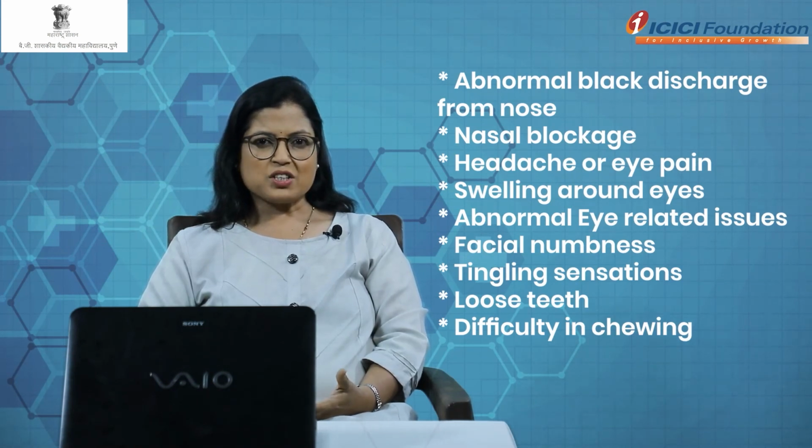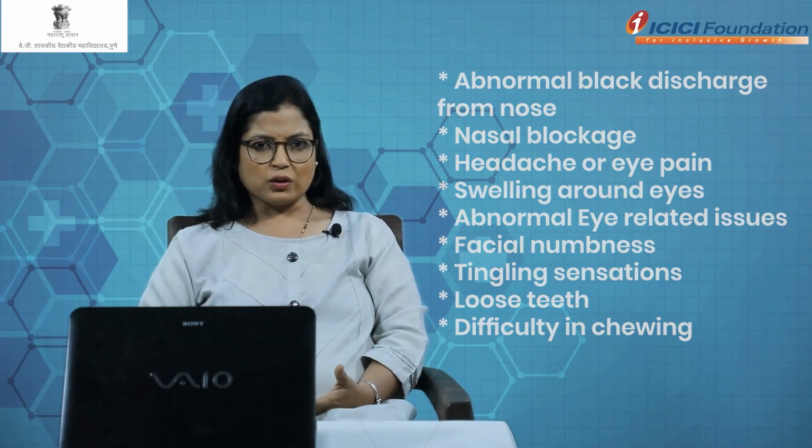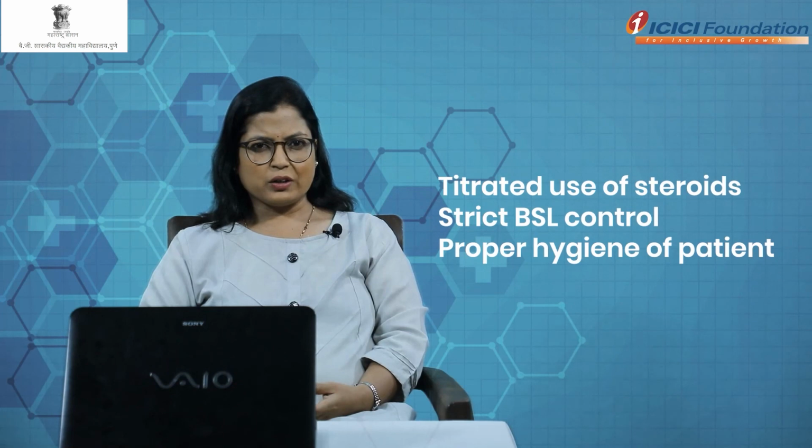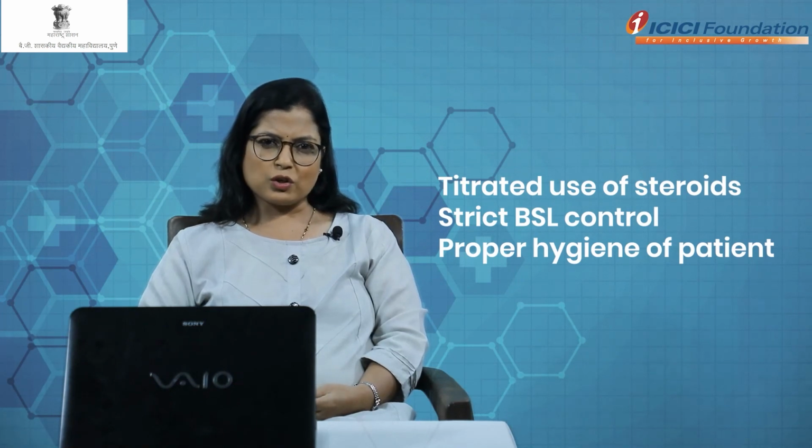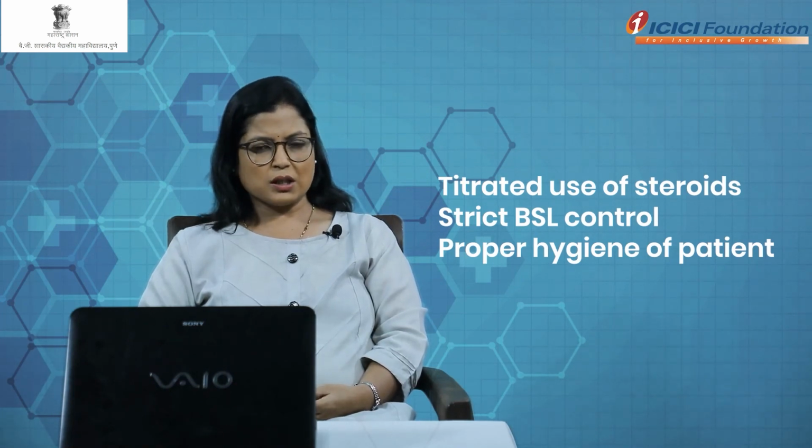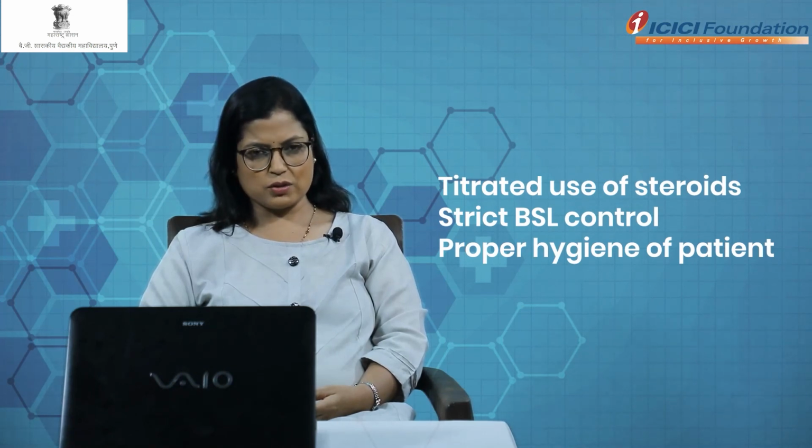So, prevention is better than cure. Rhinocerebral mucormycosis is the most common type of mucormycosis, and it is the most aggressive. It spreads rapidly, so calculated use of steroids is very important. Strict control of BSL in diabetic patients and control of diabetic ketoacidosis.